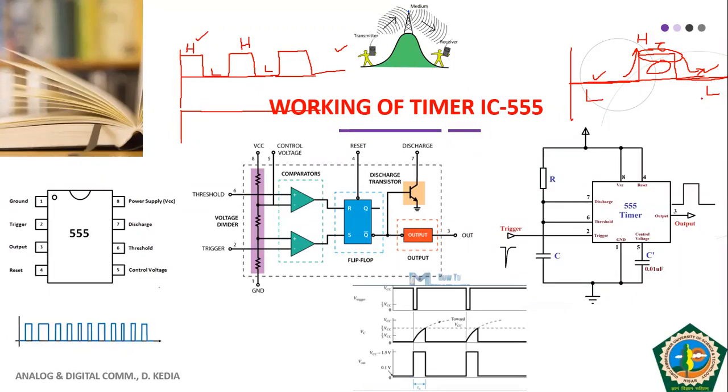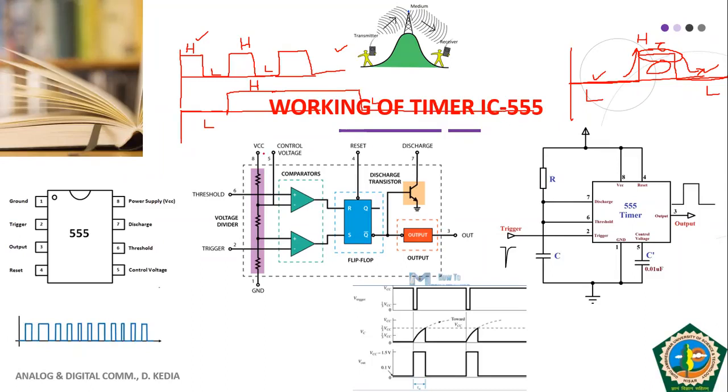And in case of bistable, it has both states stable. Means it remains in low state. Fine, it will remain in low state as long as there is no trigger pulse. When there is a trigger pulse, it shifts to high state, from low to high. Then it will remain in high state as long as it doesn't get any further triggering pulse. And then when a triggering pulse comes, it will again switch to low, and then it will remain in low as long as there is no pulse.